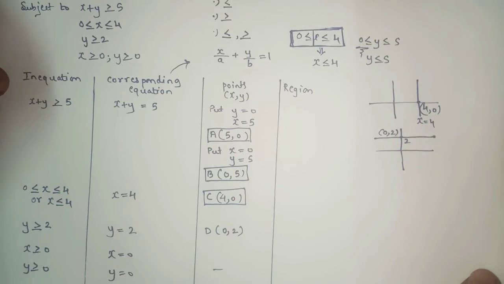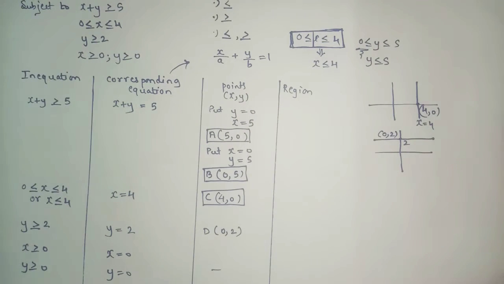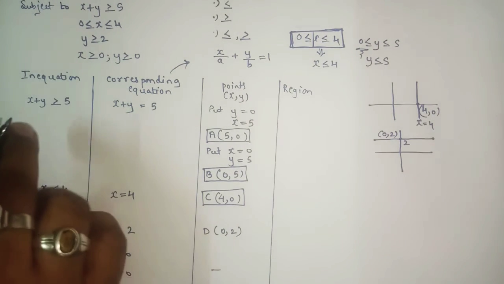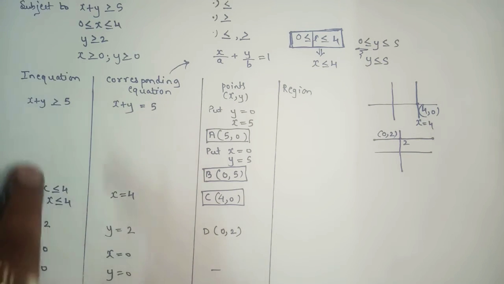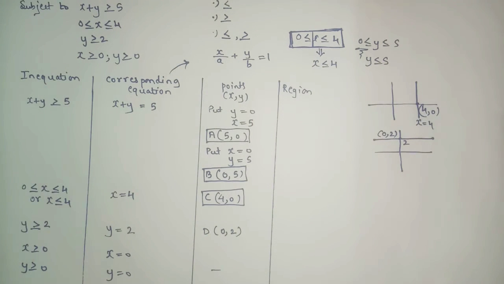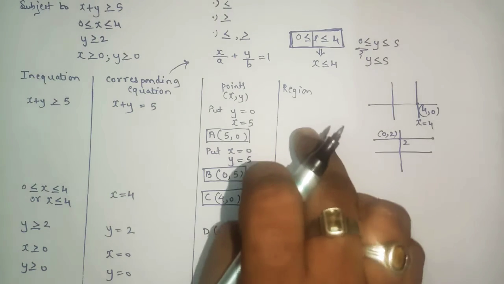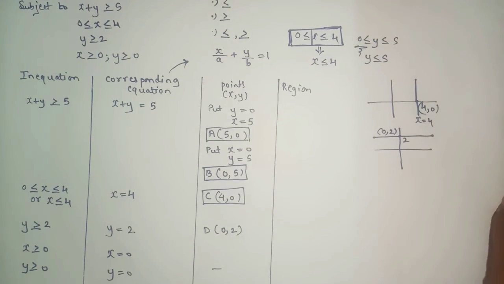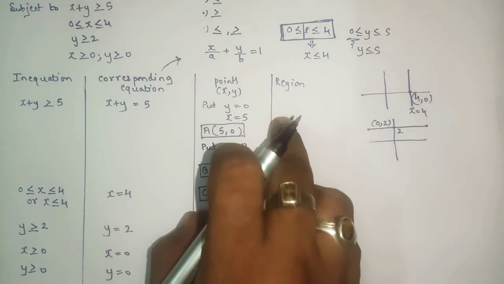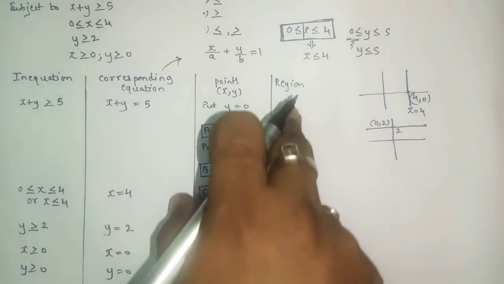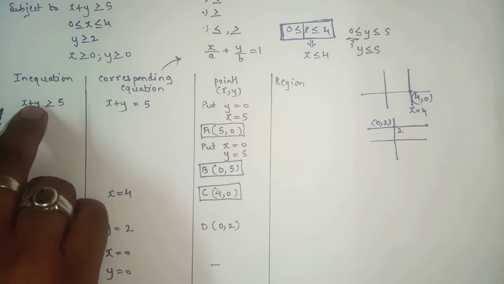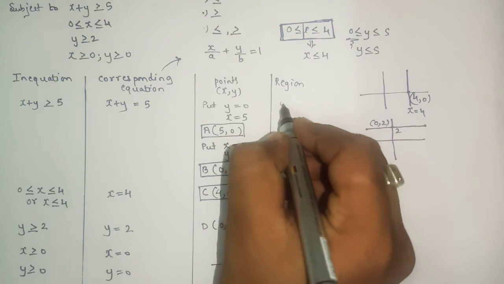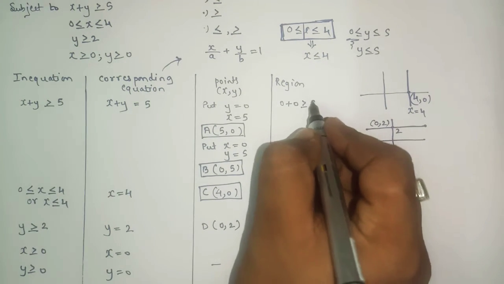Now we'll check the region. Region means where the shaded feasible region will lie for a particular equation, whether it is origin side or non-origin side. To check whether it lies on the origin side or non-origin side, simply replace the value of x and y by 0. So 0 plus 0 greater than equal to 5.